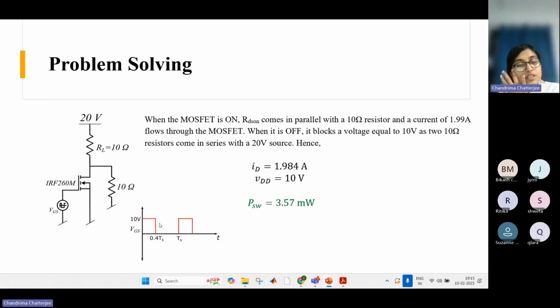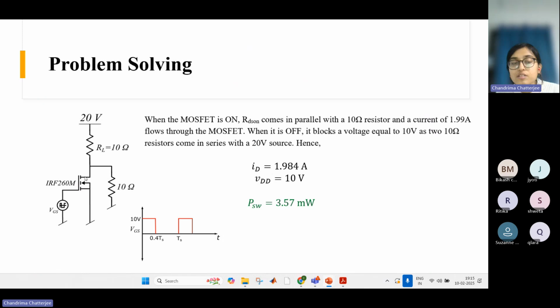So here the duty is 0.4, right? Because for 40% duration we are providing the pulse, and for the rest, the 60% interval, there is no pulse. So when we are providing the pulse, obviously the MOSFET turns on, and there is some channel resistance, right?